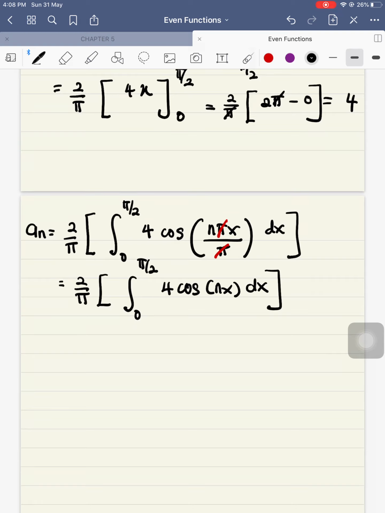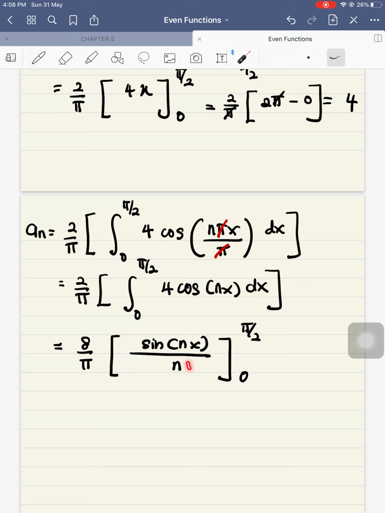Okay, so integrate cos will give you sine. Okay, 4 is a constant, so you can just factorize this 4, so you will have 8 over pi. Okay, so integrate cos will give you sine nx over n, pi over 2, 0. Okay, this n and this n you cannot cancel out because this is not in the same bracket.